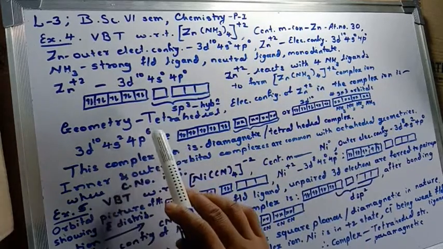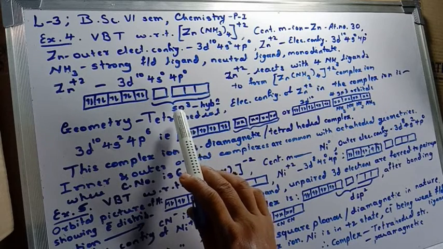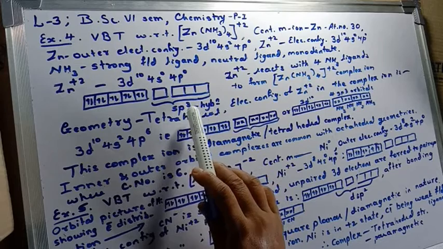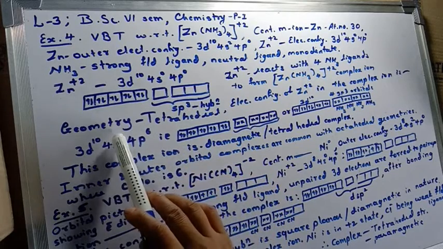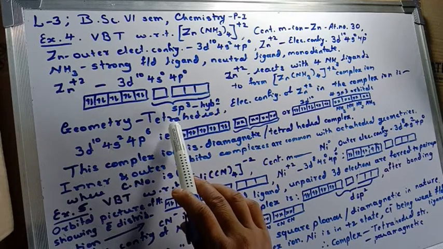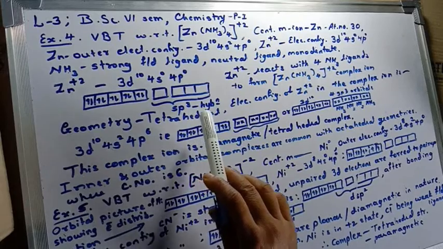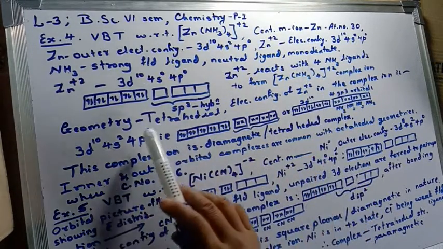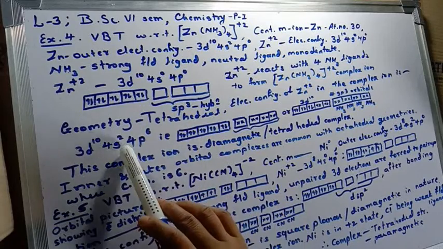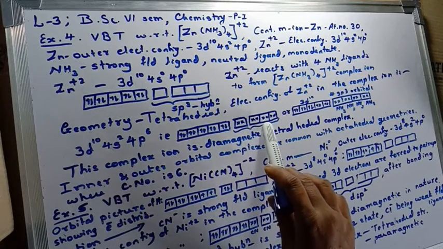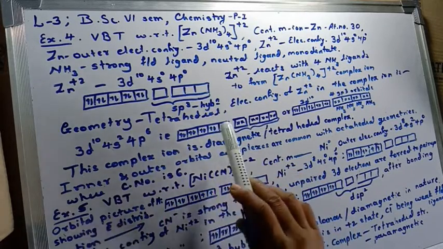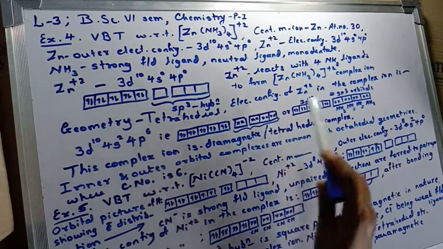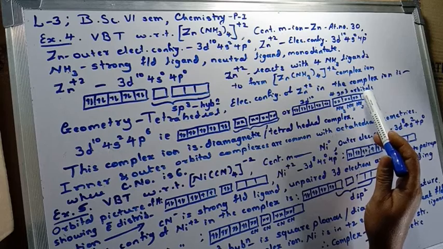Now the geometry is decided by the type of hybridization which took place. With sp3 hybridization, the geometry of the molecule is tetrahedral. The electronic configuration of Zn2+ in the complex is 3d10 4s2 4p6. Actually, after the hybridization there are no more separate s and p orbitals; they are together called sp3 hybrid orbitals.